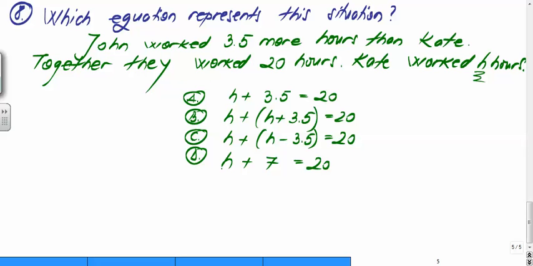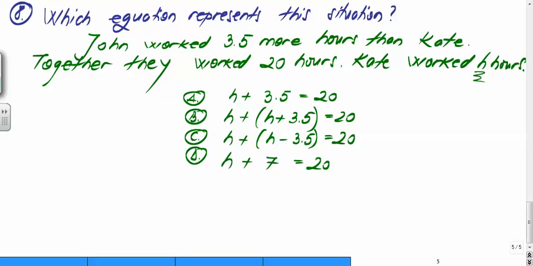And you have 4 options. h plus 3.5 equals 20. h plus parenthesis h plus 3.5 equals 20. h plus parenthesis h minus 3.5 equals 20, and h plus 7 equals 20. So which equation represents the given situation?